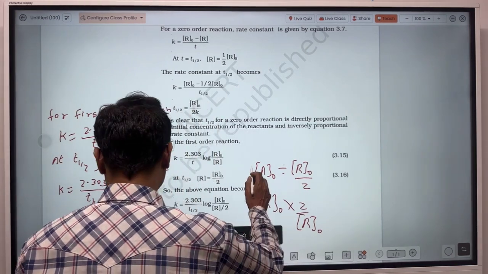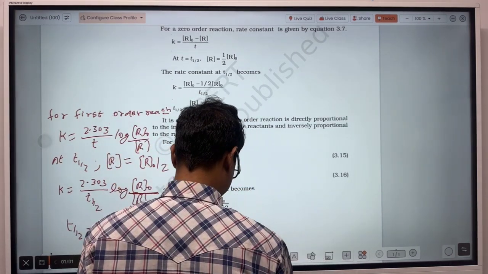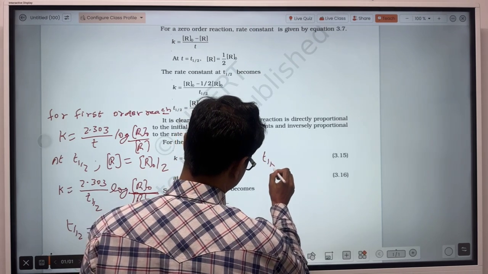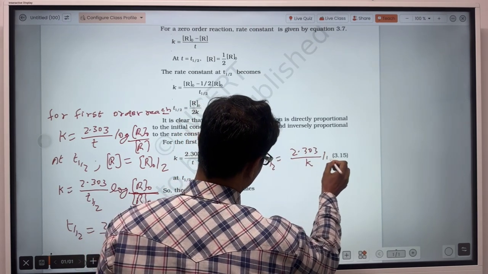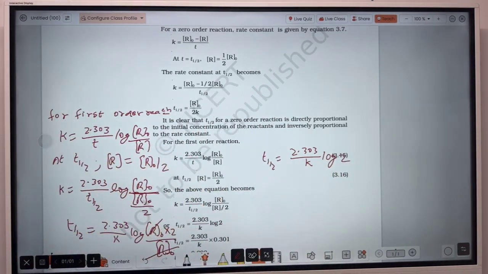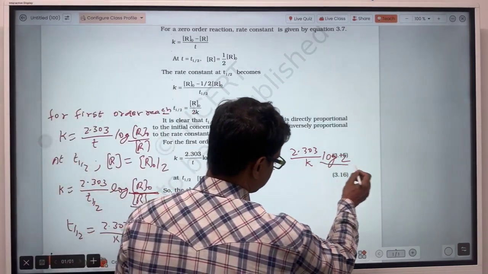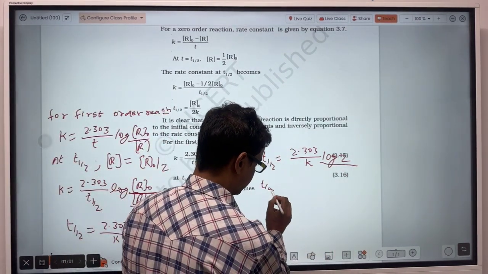That means T half will be equal to 2.303 upon K log 2. And log 2 is 0.301. That's the value everyone should have in mind.